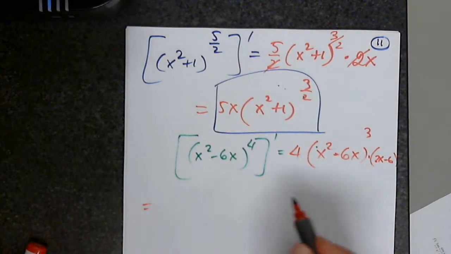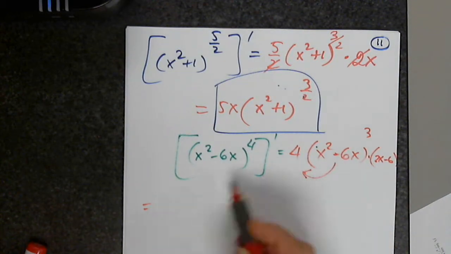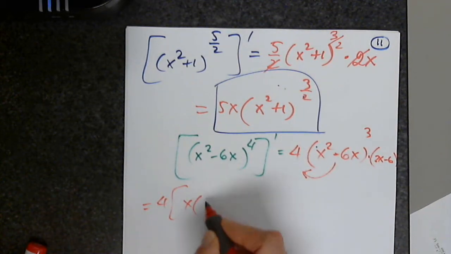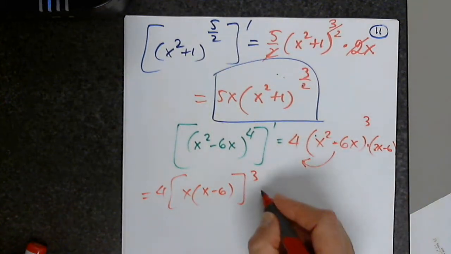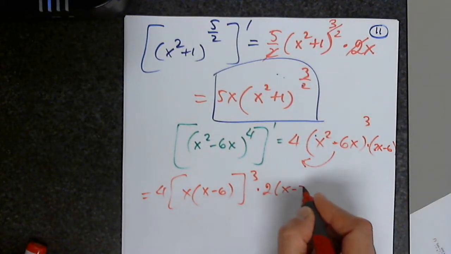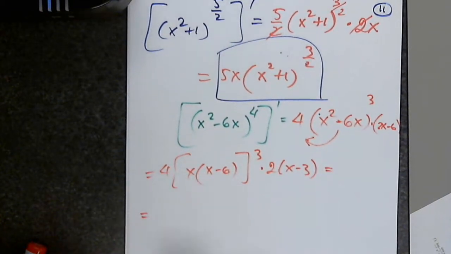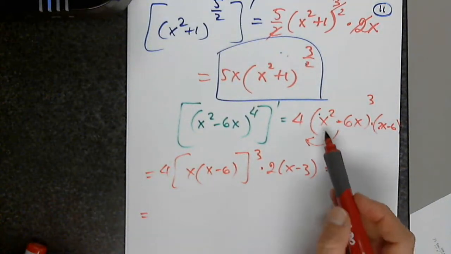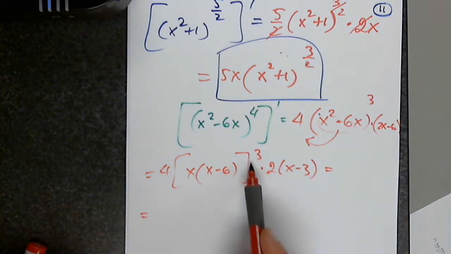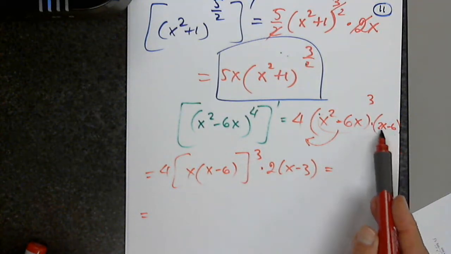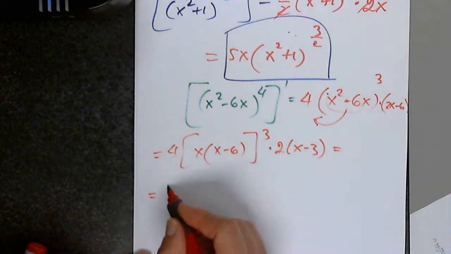Yes, I can clean it up a little bit. I can remove an x from here. I can remove a 2 from here. It is recommended to do this. So first I factor out an x inside, and I did not take it to the 3rd power yet. And then I factor out the 2 here. 2 times 4 will be 8.